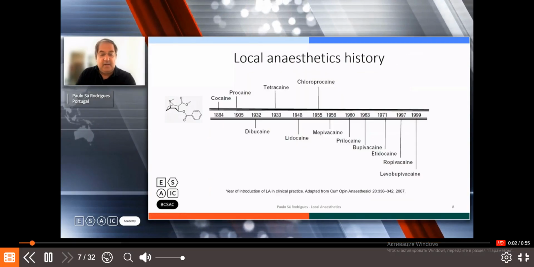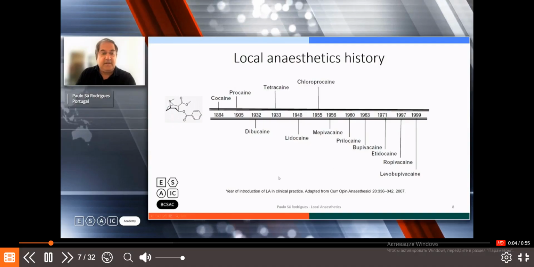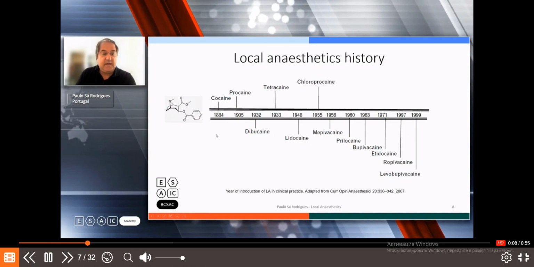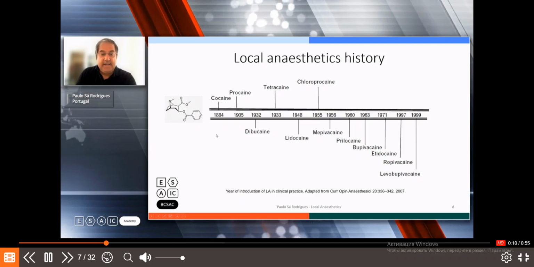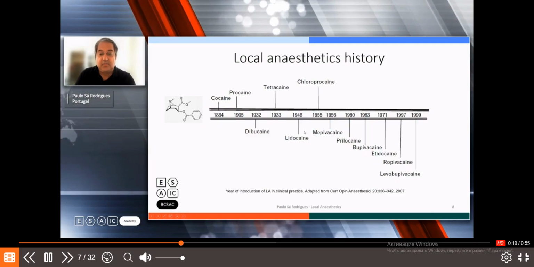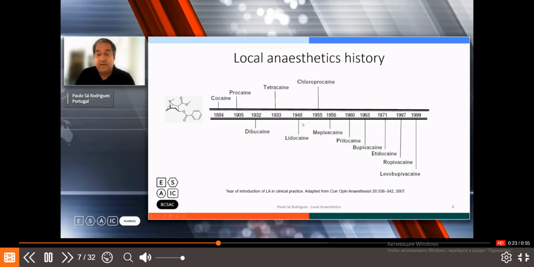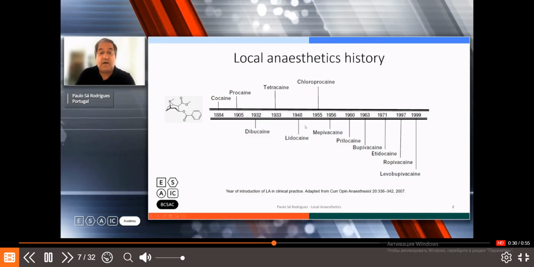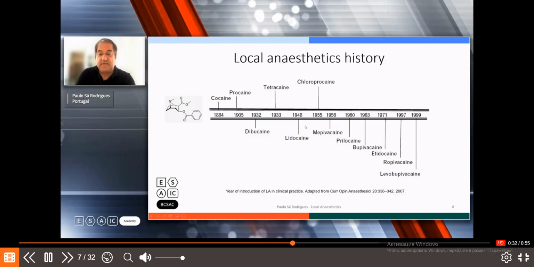You may see here that cocaine was introduced in clinical practice in 1884, and lidocaine as far back as 1948. And you may see the relevance that lidocaine has today, really changing our anesthesia practice.